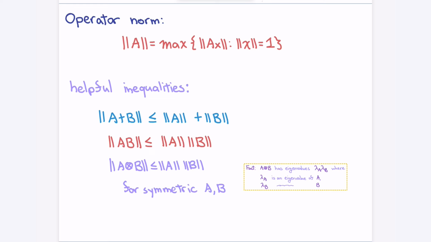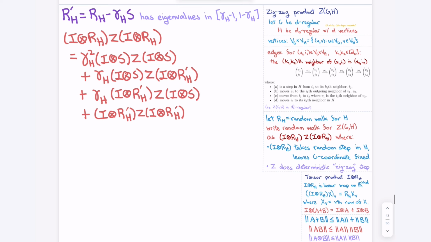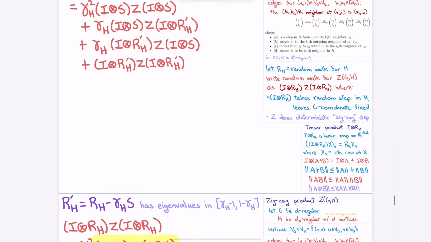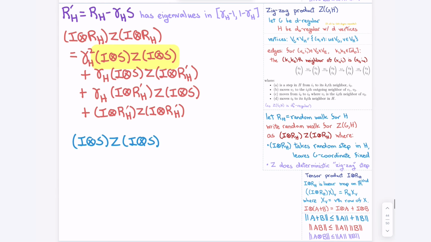They're not hard to show one by one, but nobody wants to do that. Okay, I guess that's just going in the bottom right corner. Okay, so the real thing is let's just look at each of these terms one by one. Now I know the first eigenvector is all ones, so I'm going to be looking in the space orthogonal to all ones and trying to show that the second eigenvalue needs to be something. Okay.